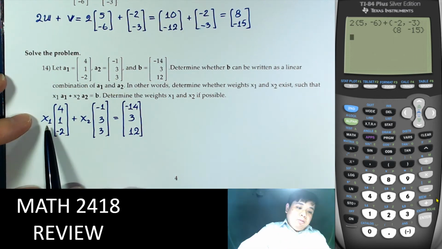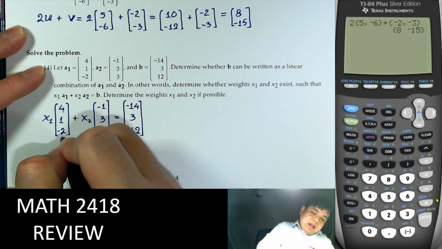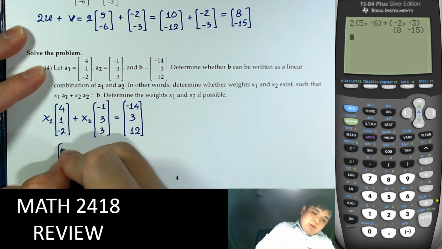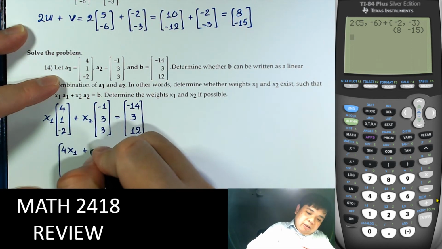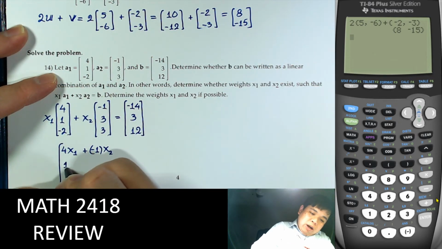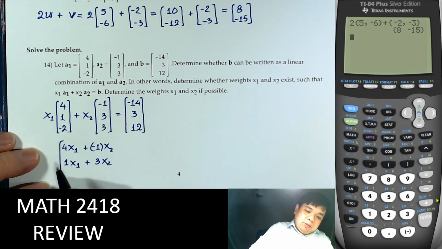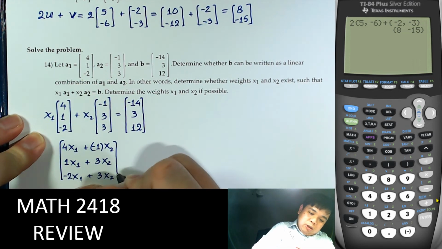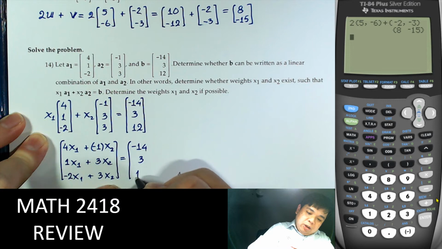Now, if we combine the left hand side, what we have is for x1, 1x1 and negative 2x1, and then add multiple x2 here. So bottom line, the left hand side is equal to 4x1 plus negative 1x2, and then 1x1 plus 3x2, and then negative 2x1 plus 3x2, equal to negative 14, 3, and 12.